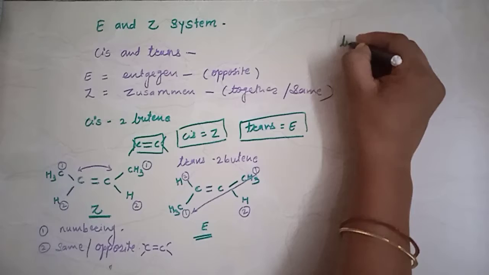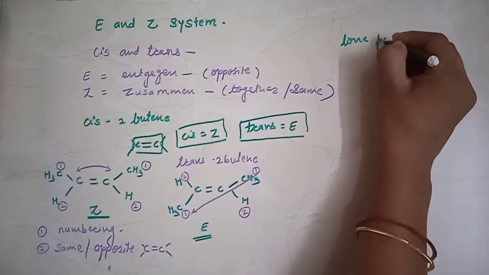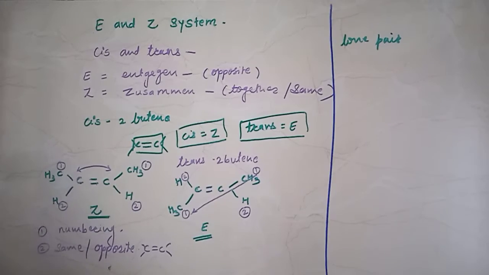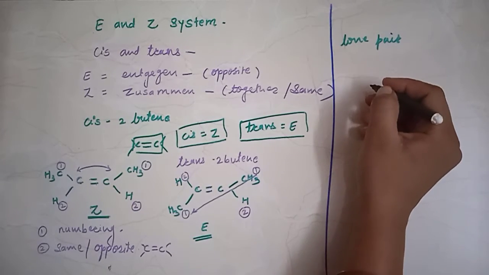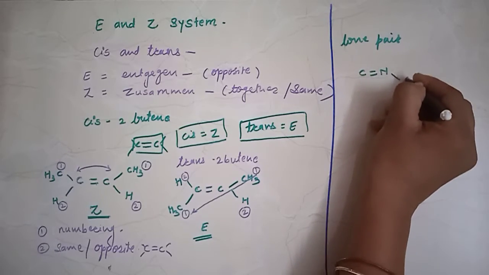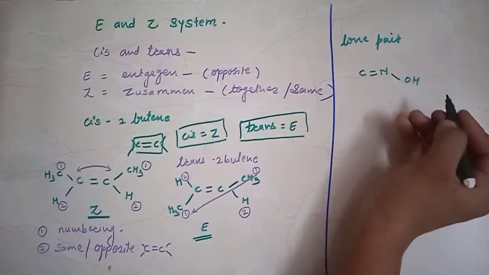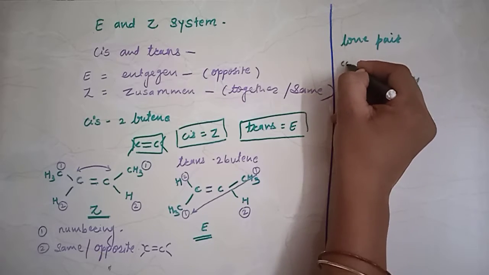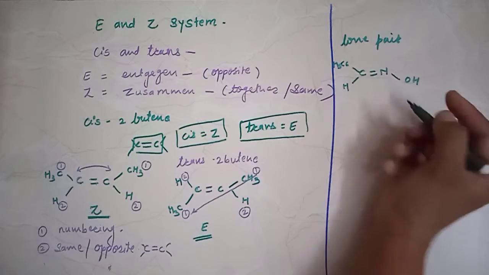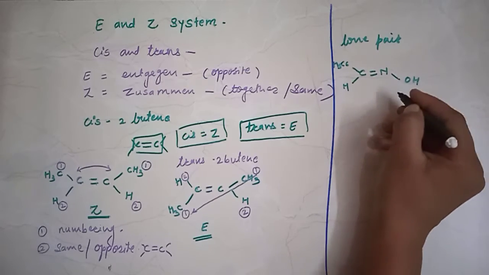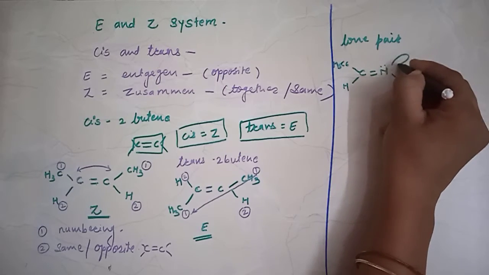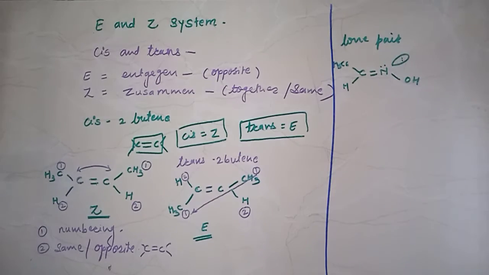Now for the lone pair, we consider a lone pair containing compound. So draw the compound here: carbon double bond nitrogen. Here an OH group is attached on the nitrogen, and on the carbon C6H5 and hydrogen. Here nitrogen carries the lone pair, so when we give the numbers, we consider the lone pair too.